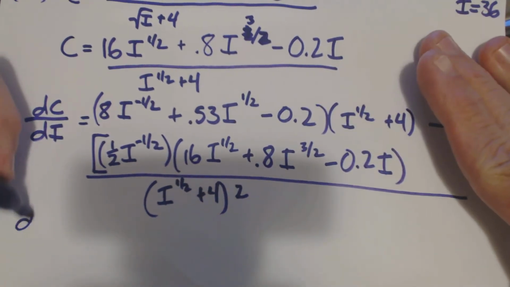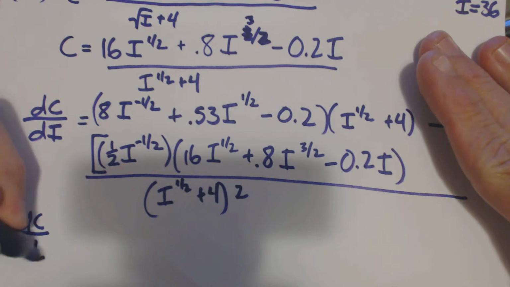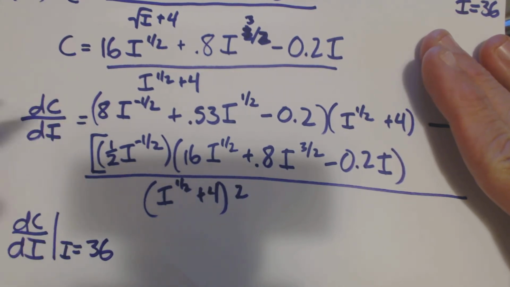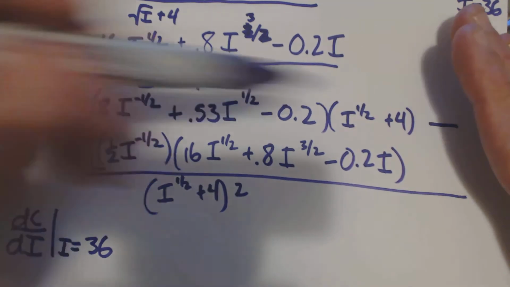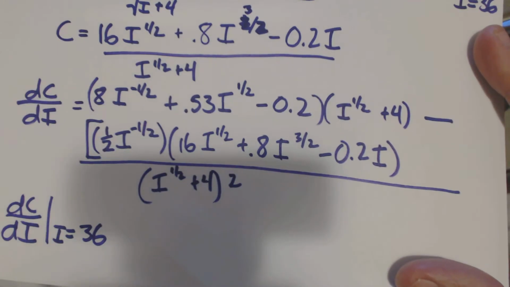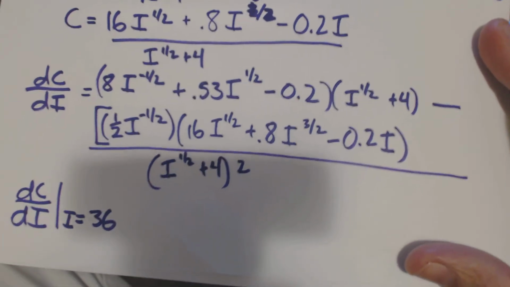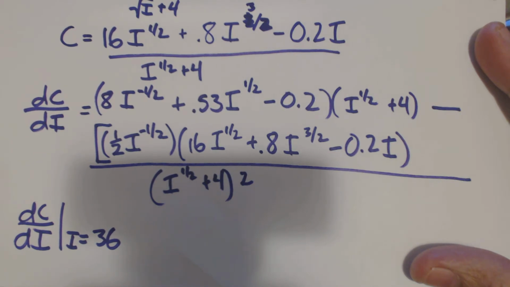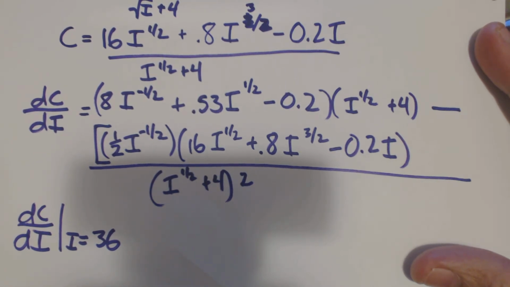So now we're evaluating this dC/dI at I equals 36. If you plug in I equals 36, it's really a lot of work just to get to the answer, so I'm just going to give you the answer. This is problem number 67.